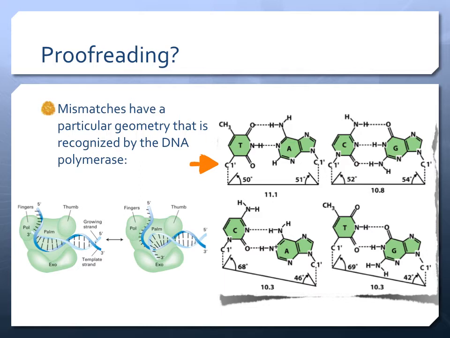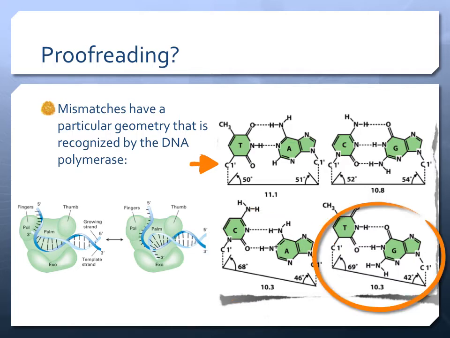In contrast, when you look at mismatched nucleotides, you see that the angle between the sugar phosphate backbone and the paired nucleotides is much bigger on one side and much smaller on the other side. So it is like 68 in the case of a C matched with an A, and 46 for the A side.